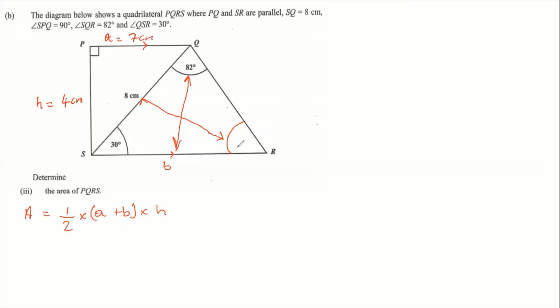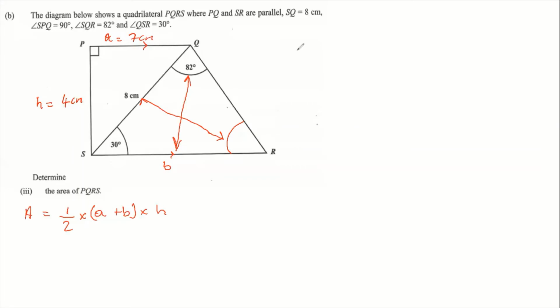R is going to be 180 minus the sum of these two angles, because the sum of the angles in a triangle should also add up to 180 degrees. So first things first, we need to find the measure of angle R.